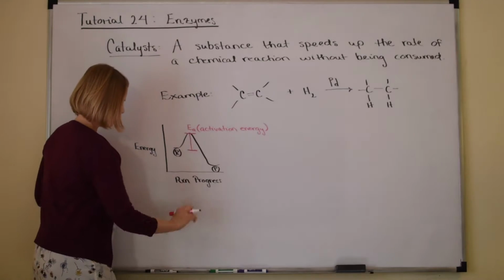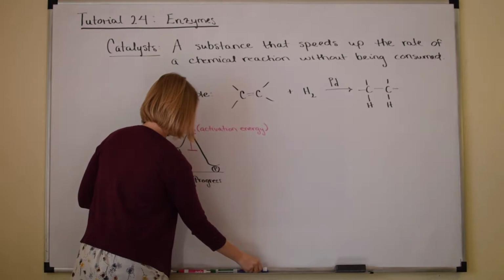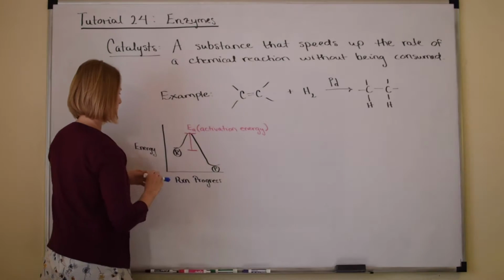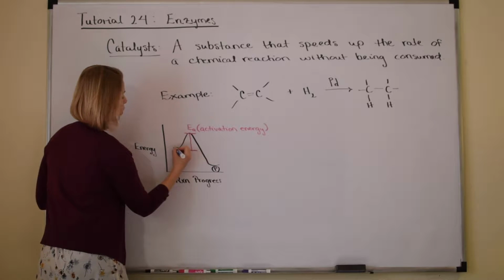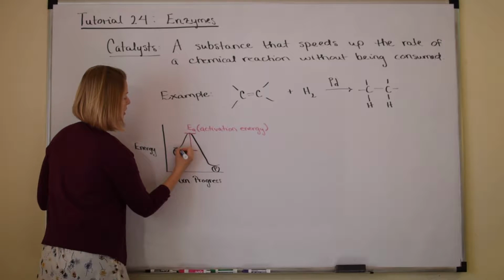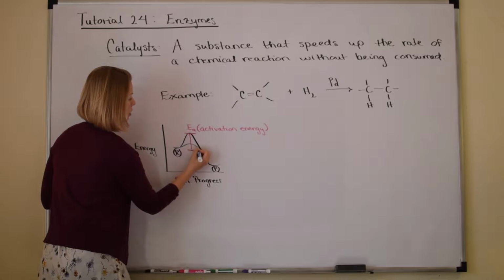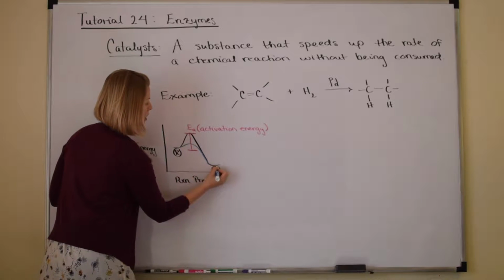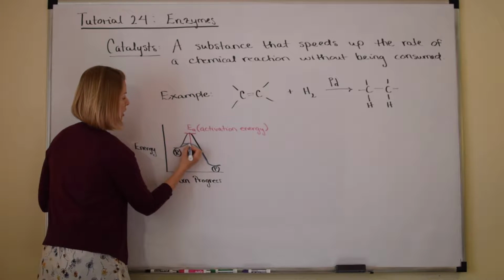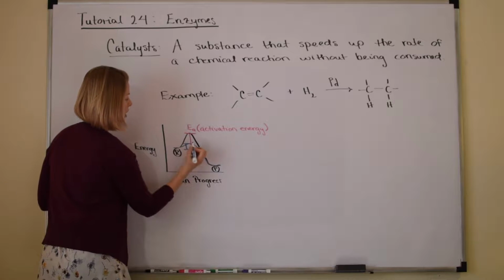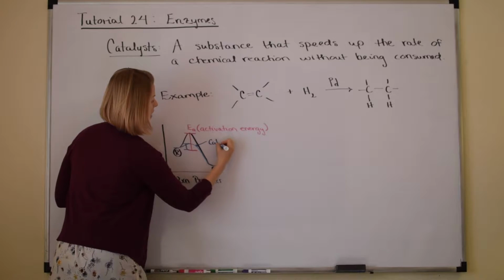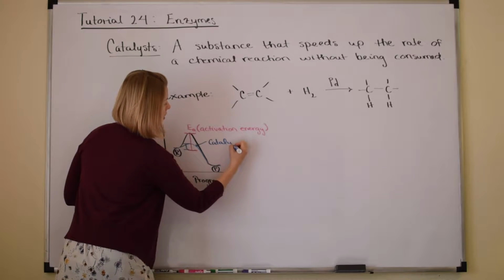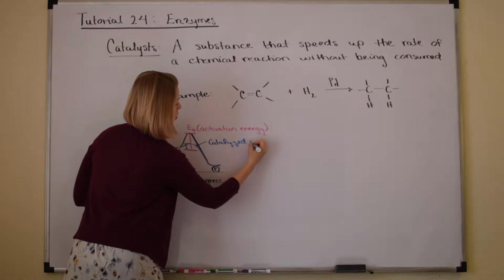Okay, so we can redraw, and let me go to the blue pen here. The same reaction, but with a catalyst, so the reactants are the same, the products are the same, but the activation energy barrier is going to be lower. So this is a catalyzed reaction.